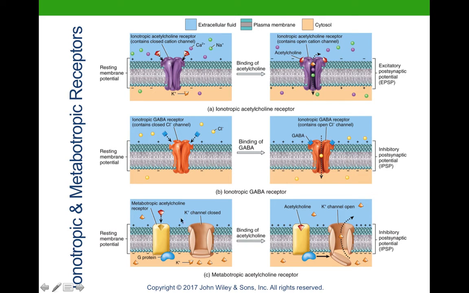And then finally we see our metabotropic acetylcholine receptor, causing us to also have an inhibitory postsynaptic potential. So with this being said, you see here that acetylcholine was excitatory at one location, and then it was inhibitory at another location. So the same chemical can cause either an excitatory or inhibitory potential dependent upon the location.